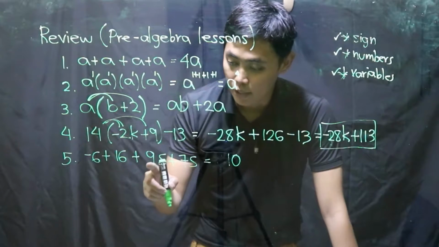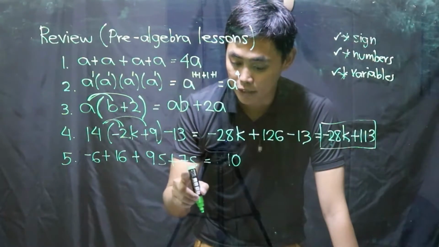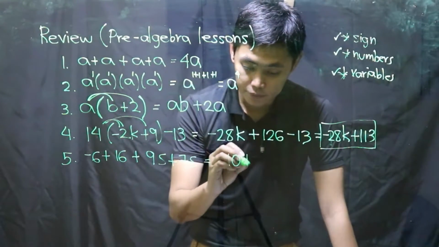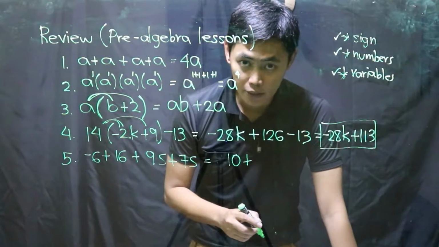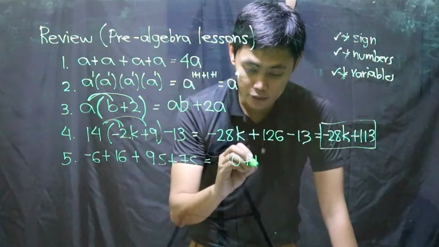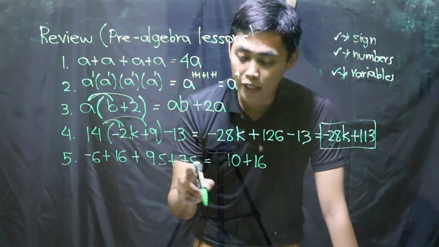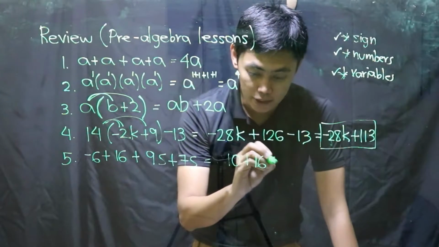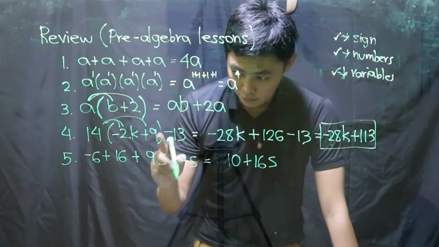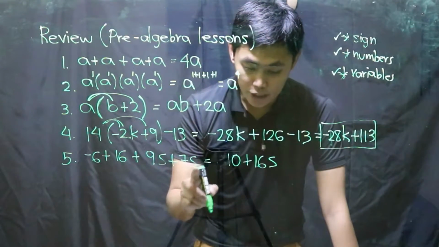How about this? 9s plus 7s. 9 plus 7 is 16. And since we are adding, there's no need to change the exponent, so just write s.